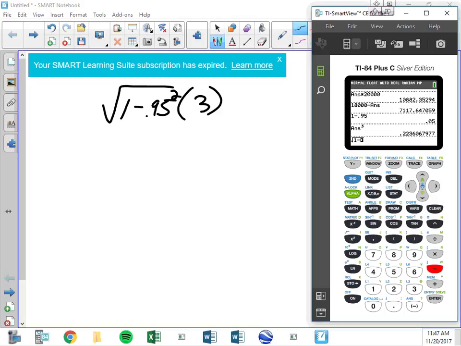So 1 minus 0.95 squared, and then times that by 3. So the prediction without seeing the first person is likely to be within 3 inches. But if we know the height of the first twin, then our guess is expected to be within an inch.